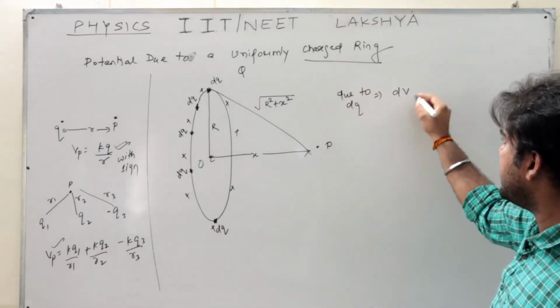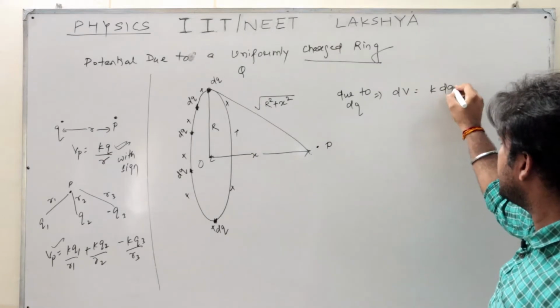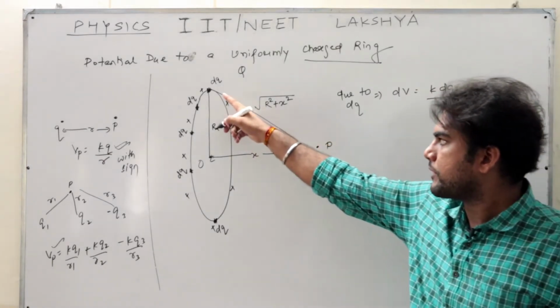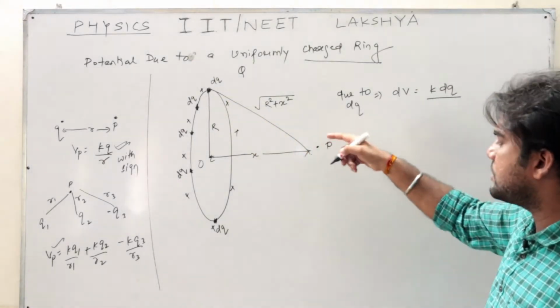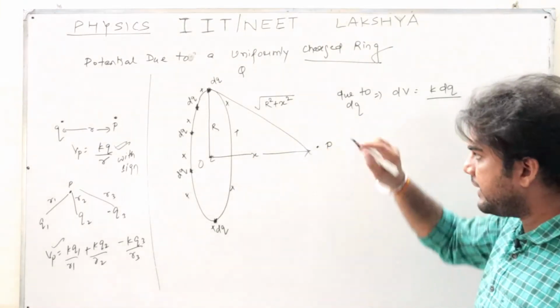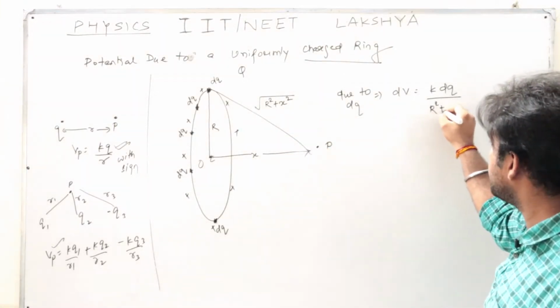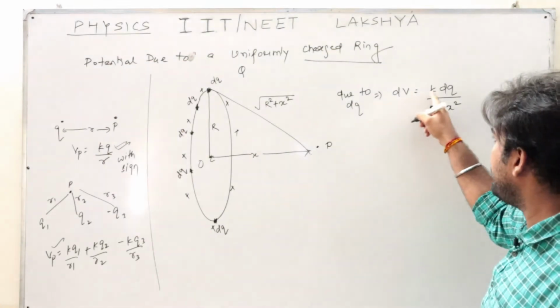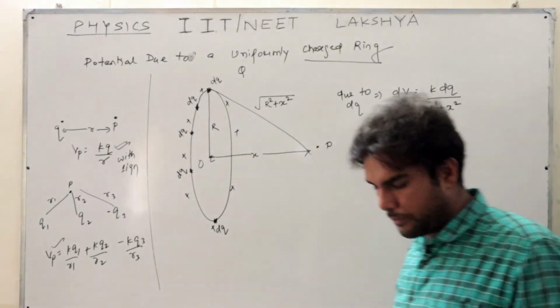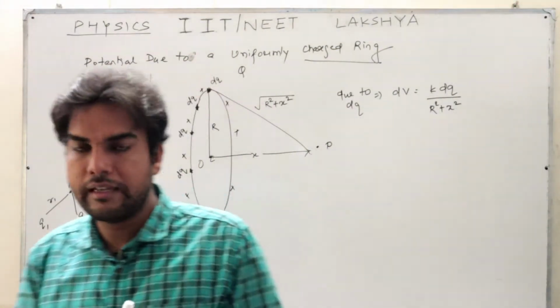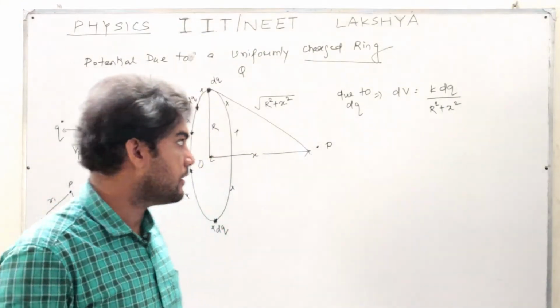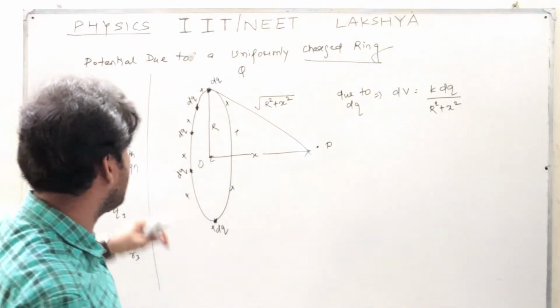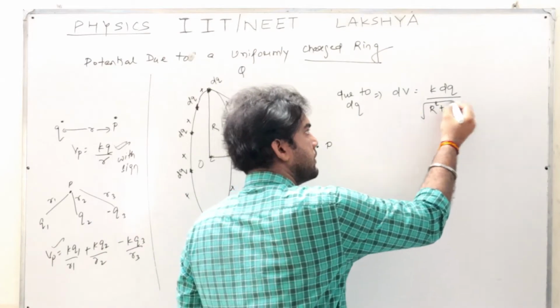So I can write dV is equal to k dq by this distance squared. Now this distance is the square root of r squared plus x squared, so its square will become r squared plus x squared. So dV becomes k dq by r squared plus x squared, because what is the formula for a small point charge? Sorry, it is kq by r.